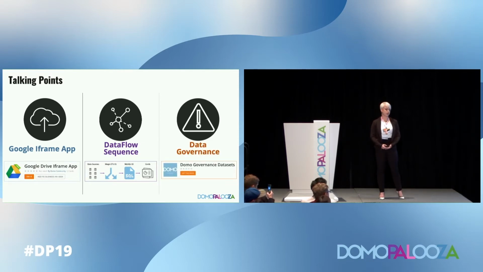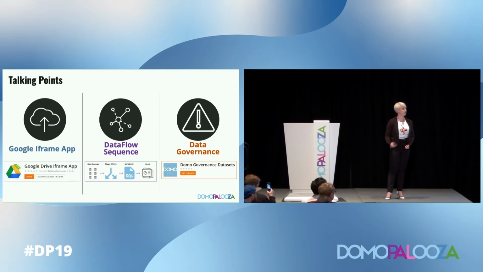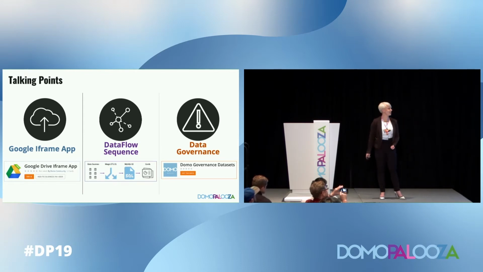And we also talked about data governance, in which you can spot issues using the beast mode report from the data governance datasets connector, and correct those errors, or hopefully avoid those errors that you get from shifting your cards from one data set to another.